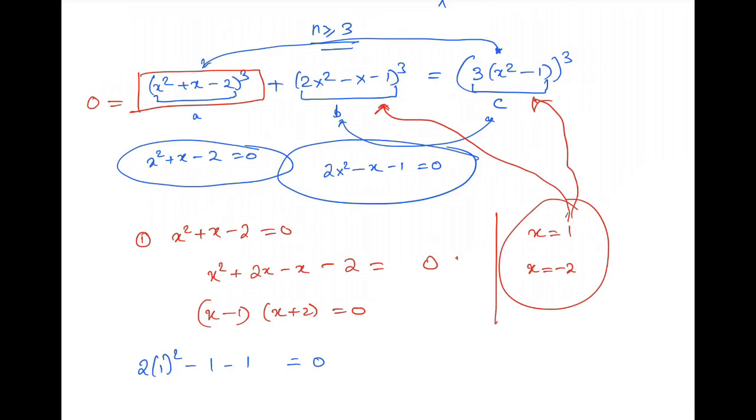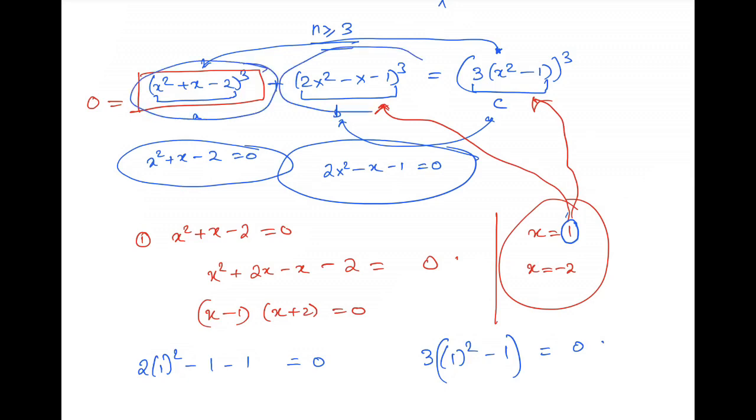And if I plug in 1 into the other one, 3 times 1 square minus 1, that also gives me 0. So indeed, x equals 1 works, and that makes all three cubes 0, and immediately that makes a solution.